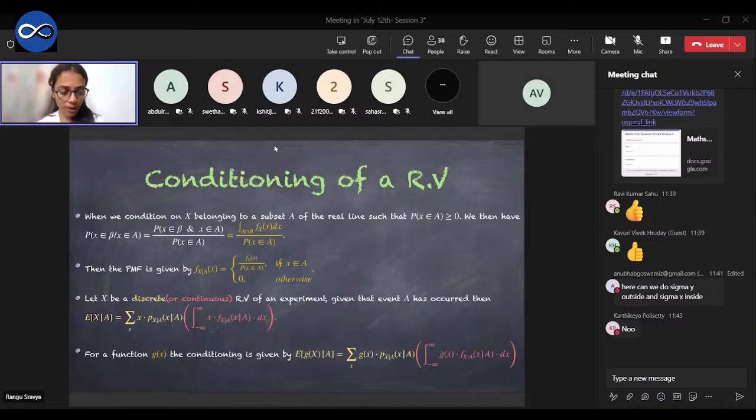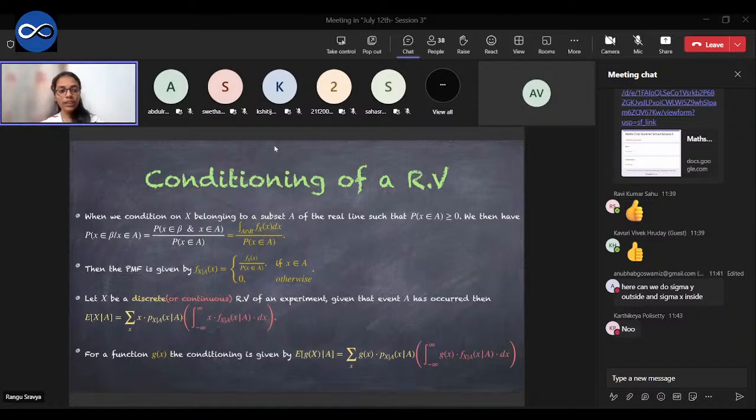So now let us look at how we can find expected values. Let x be a discrete or continuous random variable of an experiment. Given that A has occurred, then E of x given A is the sum over x of x into P of x given A of x. Normally, by definition, E of x is the sum over x of x into P of x of x, right?